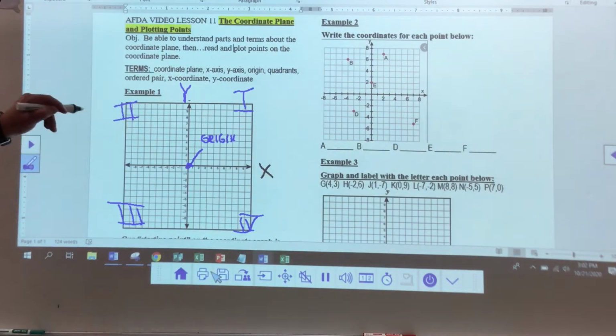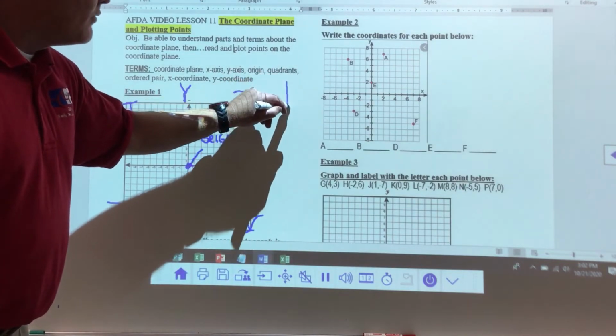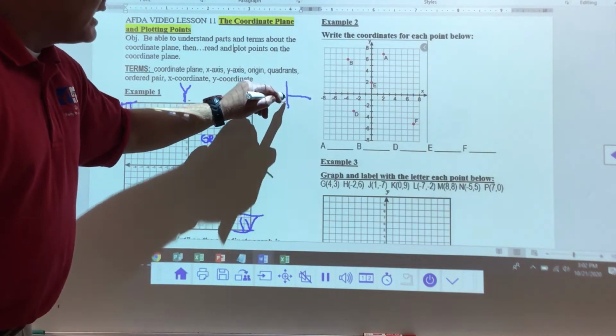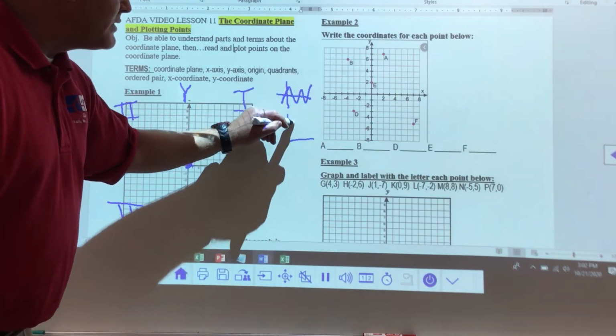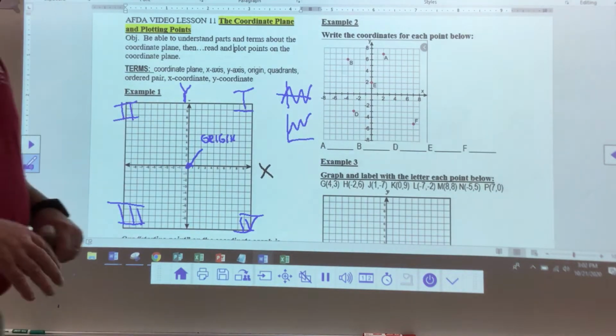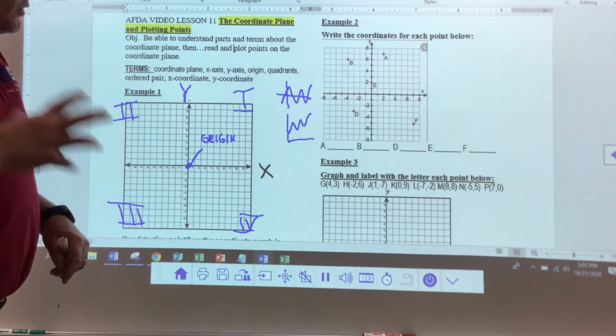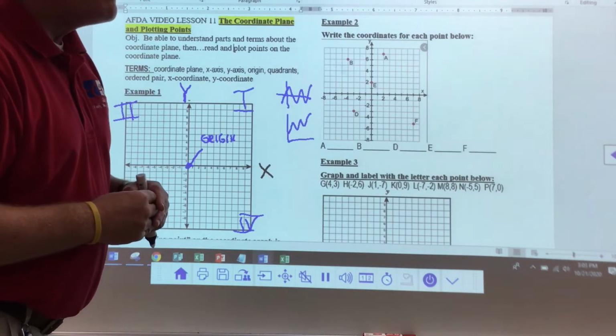You see versions of a coordinate graph or coordinate plane in business or medical fields. You may see stuff in a medical field that looks like this, or stuff in business class that just uses this first quadrant. In a moment, we'll talk about ordered pairs, and each quadrant has some characteristics about that.